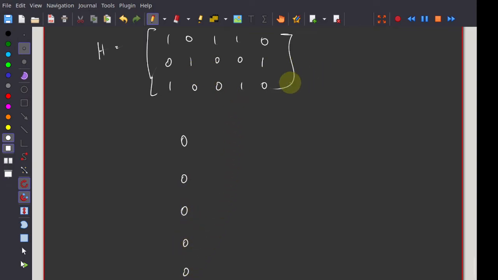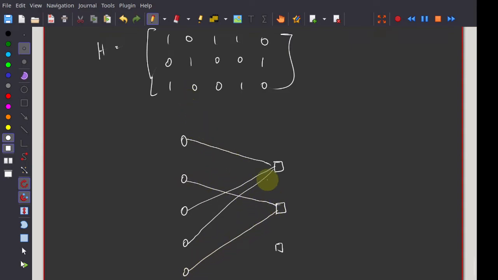There are 5 variable nodes and 3 check nodes. The first check node involves x1, x3 and x4. The second involves x2 and x5.